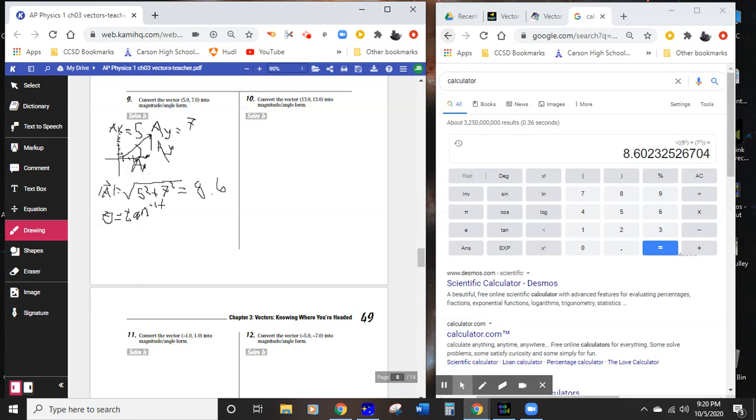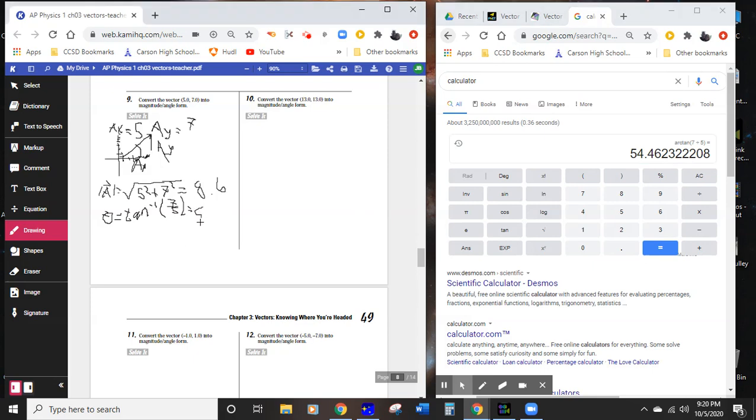The y component is going to be 7, and the x component here is going to be 5. Okay, and let's see what that is. Over here on a calculator, we'll clear this out. We have to go to the inverse or second function, and we want the tangent. So arctangent is what we got, and it's going to be 7 divided by 5, close parenthesis, equals. It gives us 54.4 degrees.